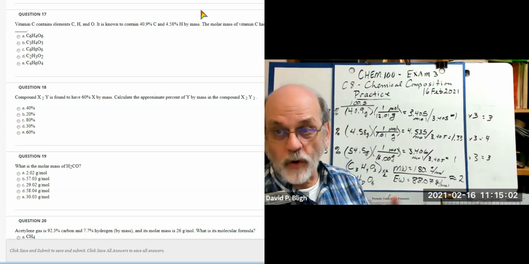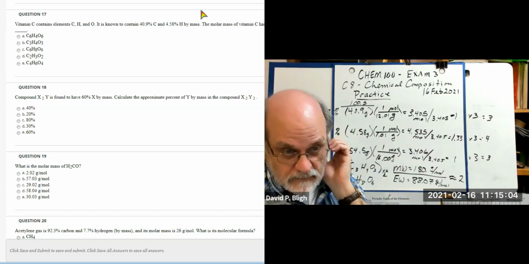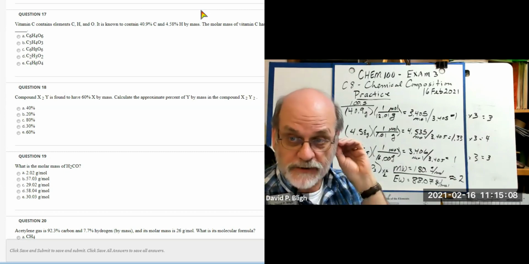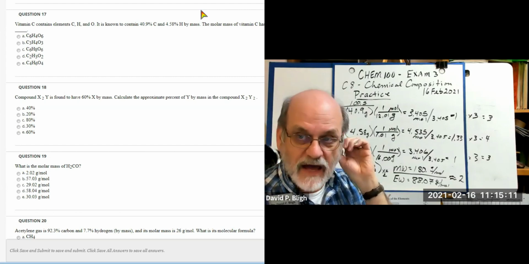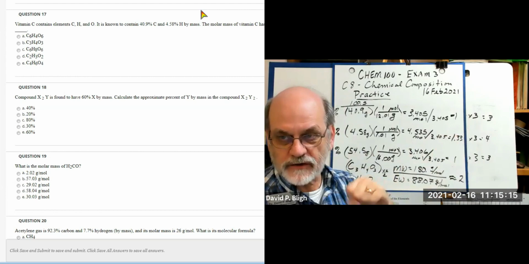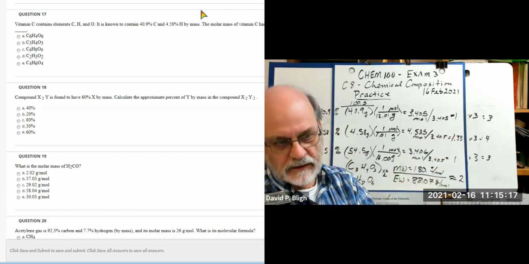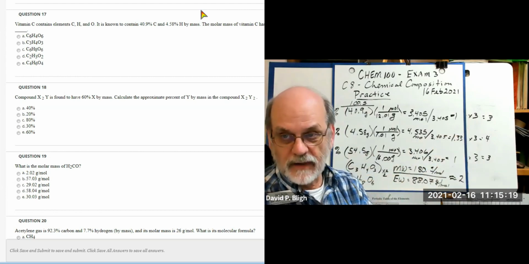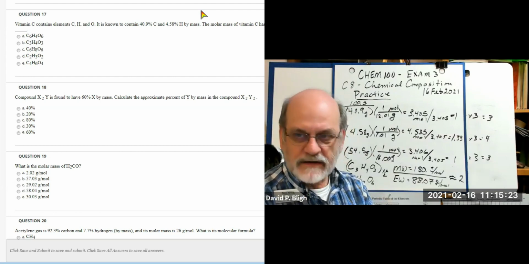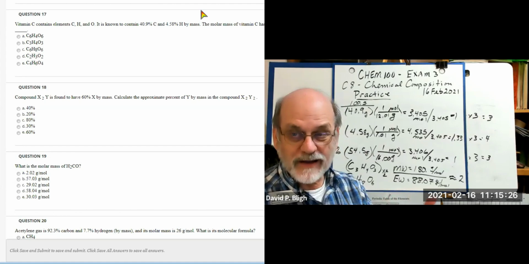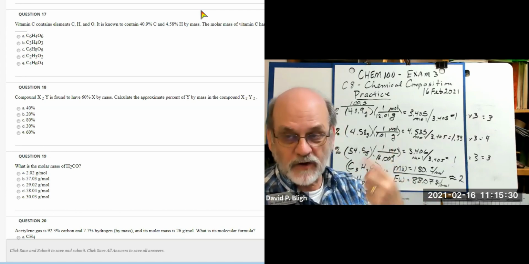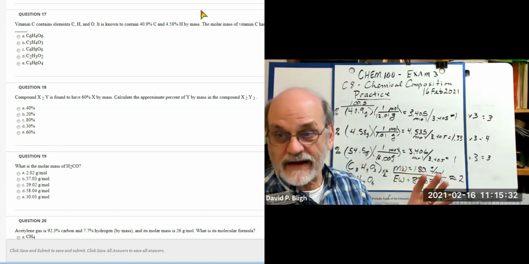Now this is ascorbic acid, vitamin C. We use that in the lab all the time for analytical purposes. It's a very good antioxidant, right? It scavenges free radicals. That's why it's good for your body, because the metabolic processes in your body tend to produce free radicals, that is, molecules that have an unpaired electron, and they're extremely reactive.